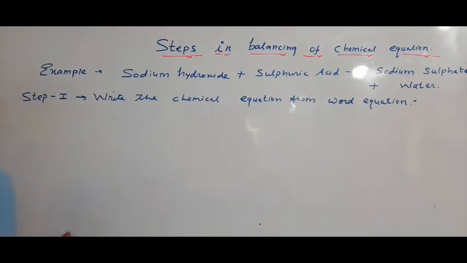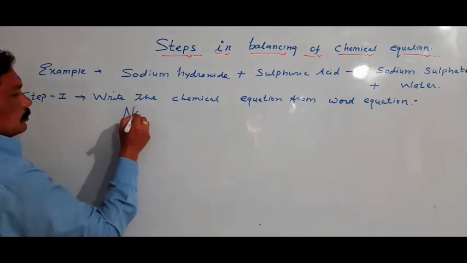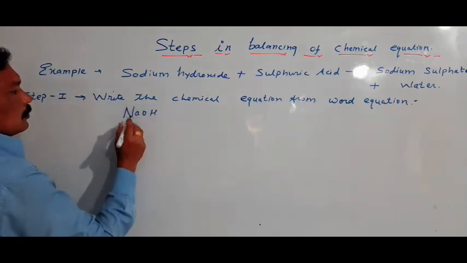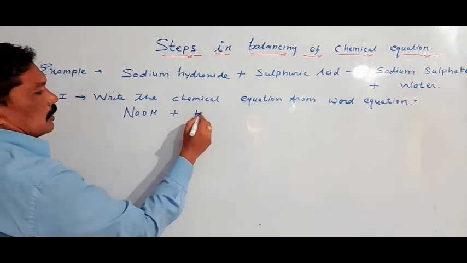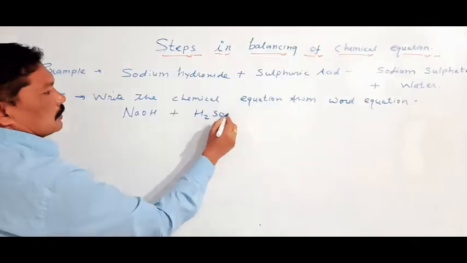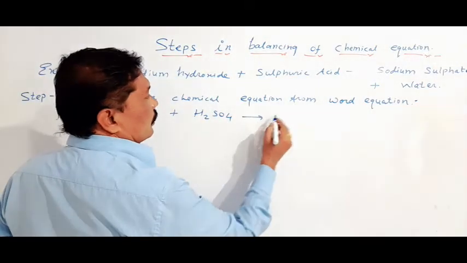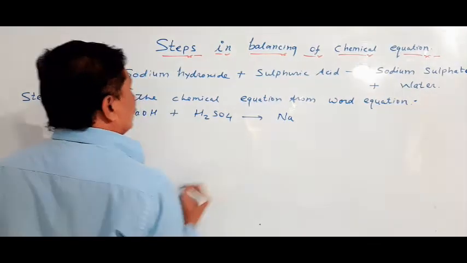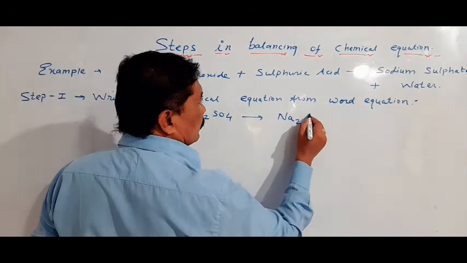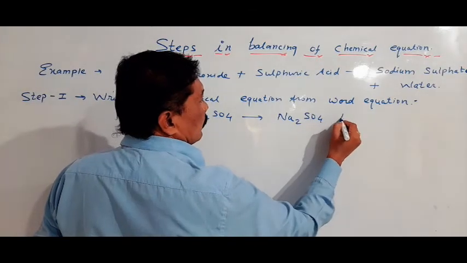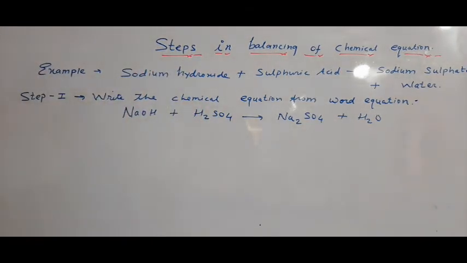This is the word equation. We will write the chemical equation. Sodium hydroxide plus H2SO4 gives sodium sulfate plus water.